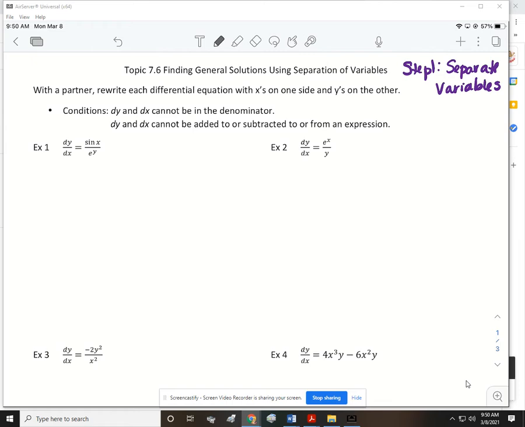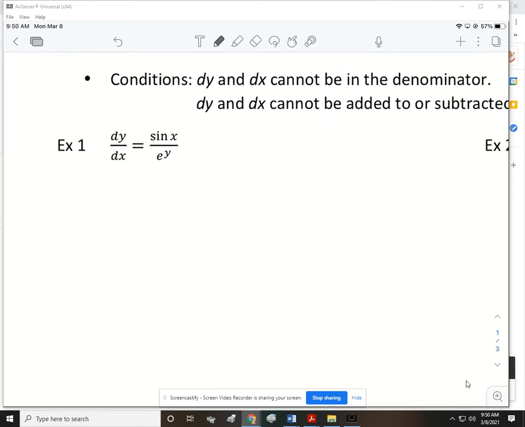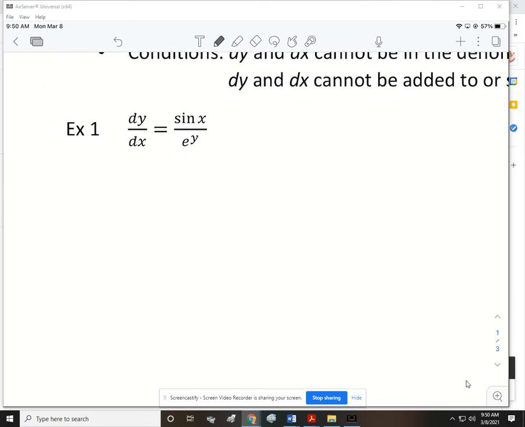All right, so on example 1, this is one of the easier types to separate, where you're basically just going to multiply the e to the y by the dy and multiply the dx by the sine of x.